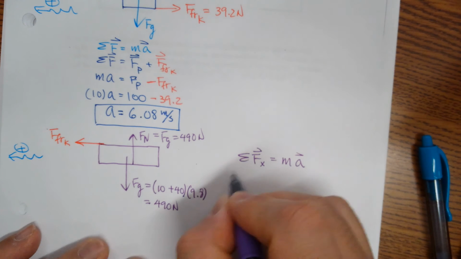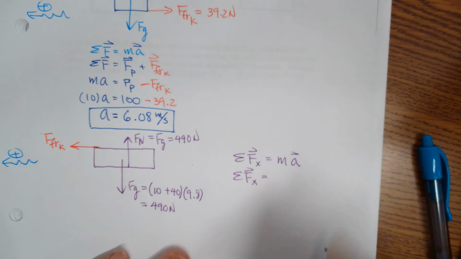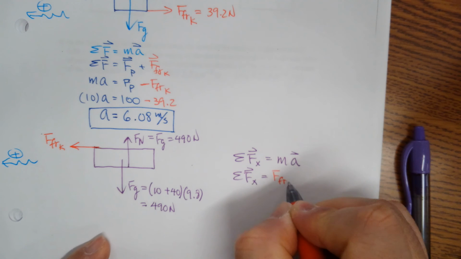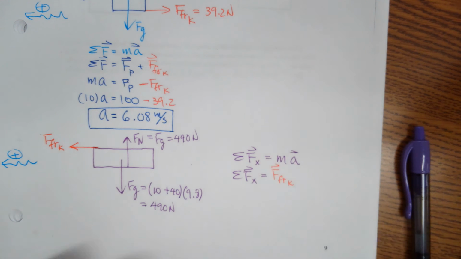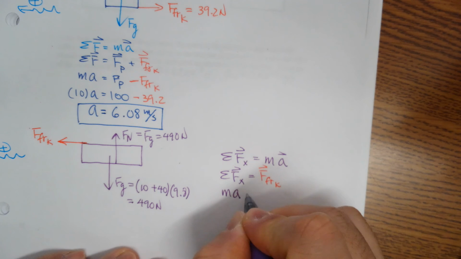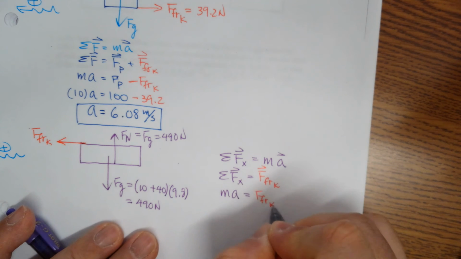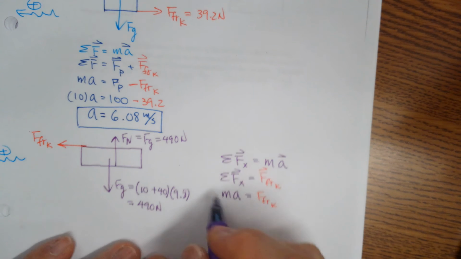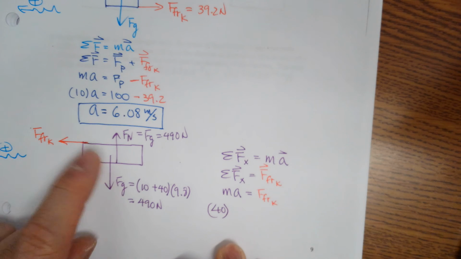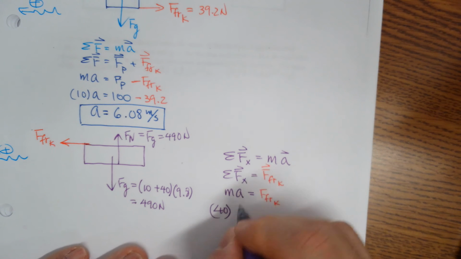All right. So here, I only have frictional force, kinetic. So ma is equal to F friction K. So this mass is 40 kilograms because this friction is only making this move, right?